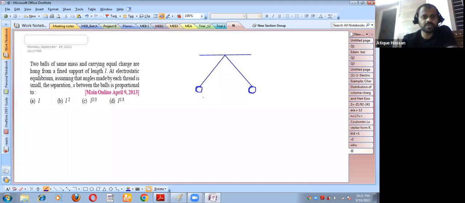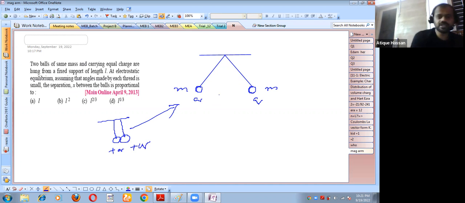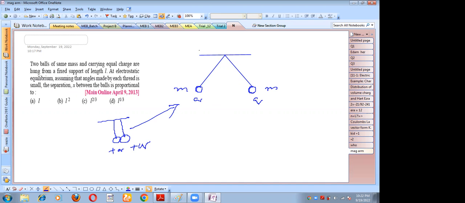Two balls of same mass and having equal charge. Suppose charge on each ball is q and mass of each ball is m. At first they will be placed like this, but since they have equal charges, they will repel each other and they will get apart like this. Getting my point? Yes, sir. This is the fixed support.